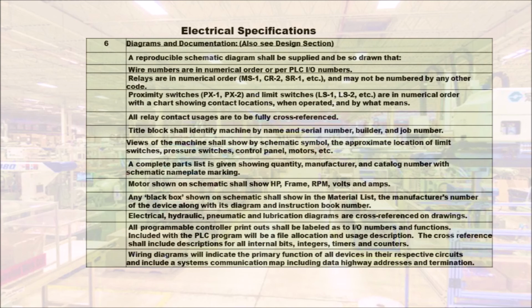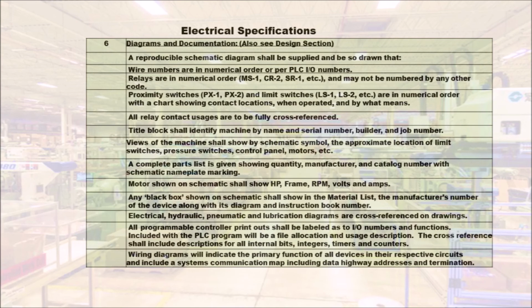Proximity switches, PX1, PX2, and limit switches, LS1, LS2, etc., are in numerical order with a chart showing contact locations, when operated, and by what means. All relay contact usages are to be fully cross-referenced. Title block shall identify machine by name and serial number, builder, and job number.